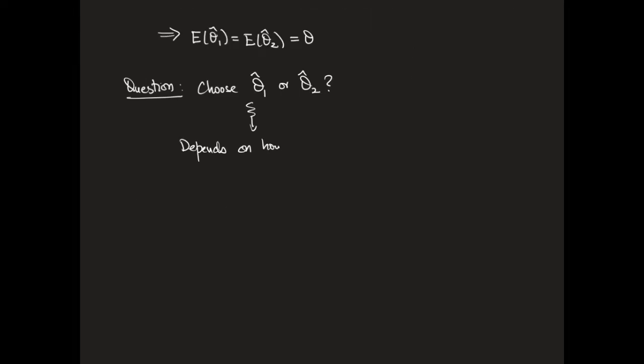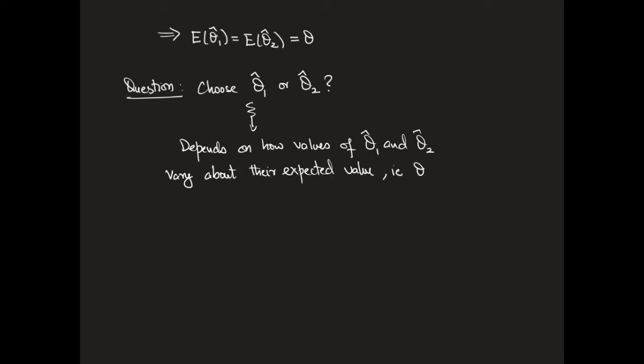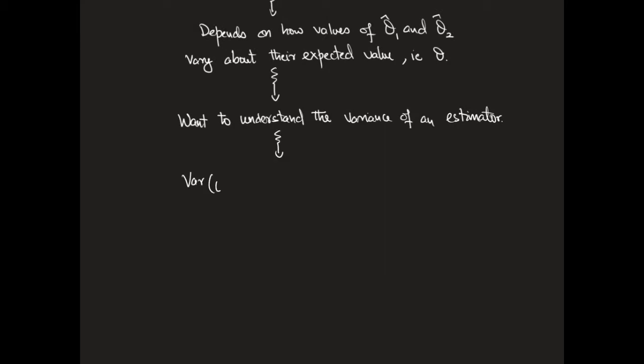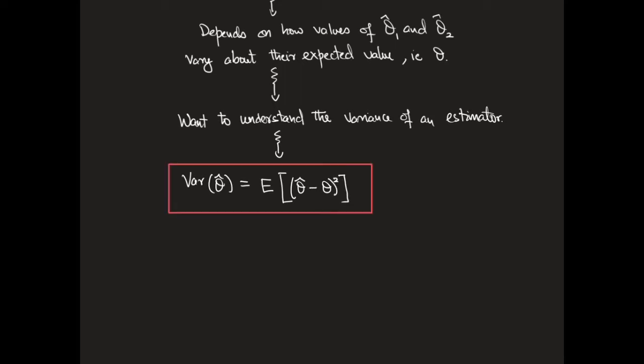And the answer really depends on how the values of theta 1 check and theta 2 check vary about the expected value, that is theta. That is, we are really looking to understand the variance of an estimator. So recall that an estimator is a random variable, and the variance of the estimator is just going to be the expected value of the squared deviations of the estimator from its expected value, that is theta.